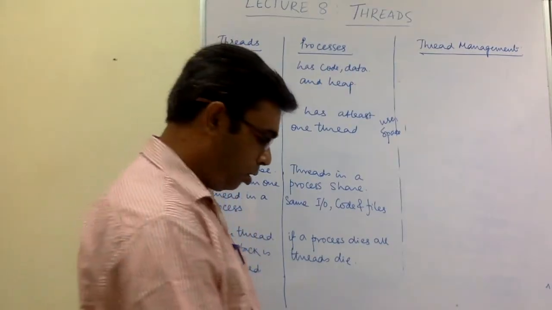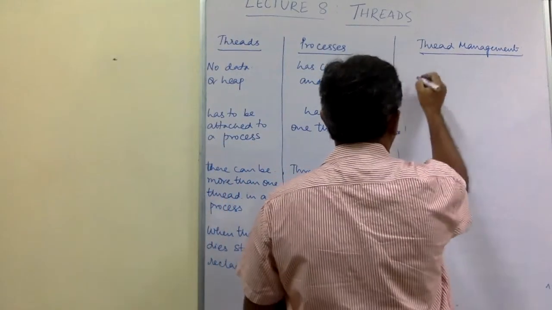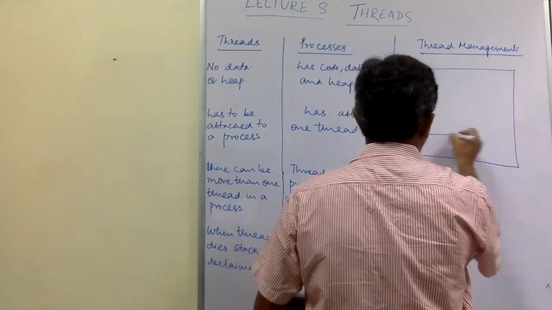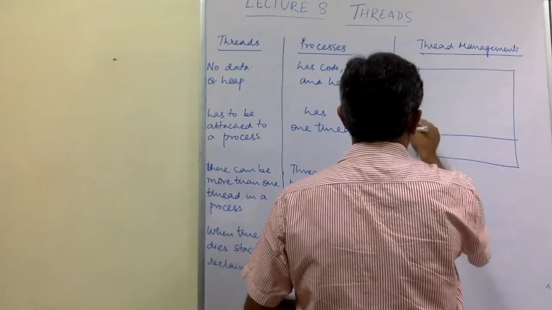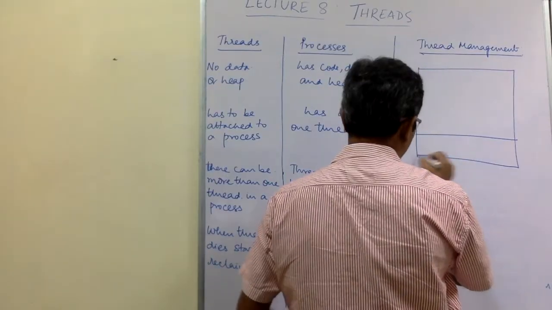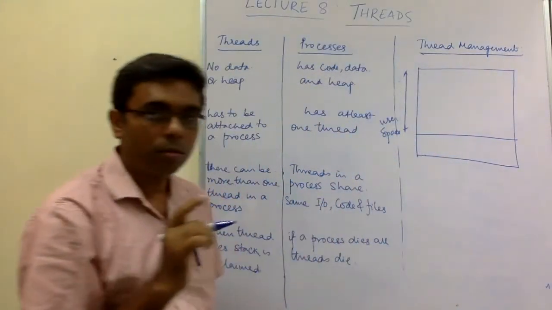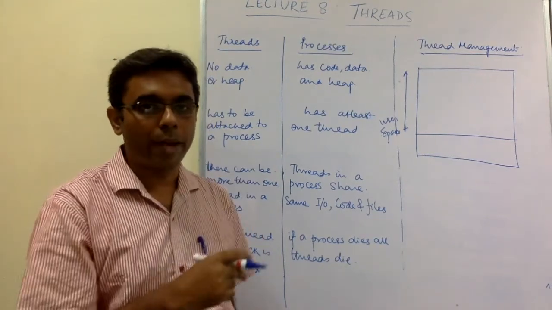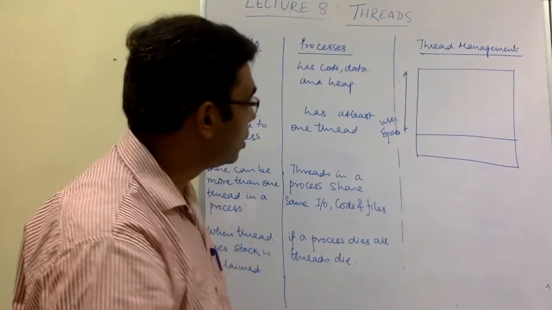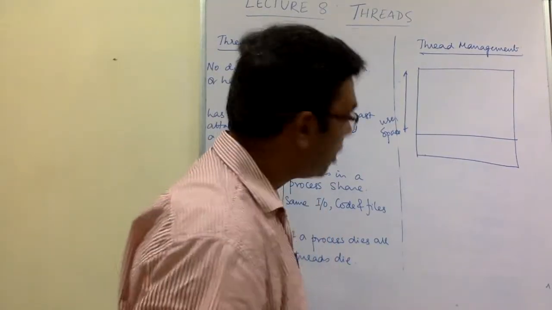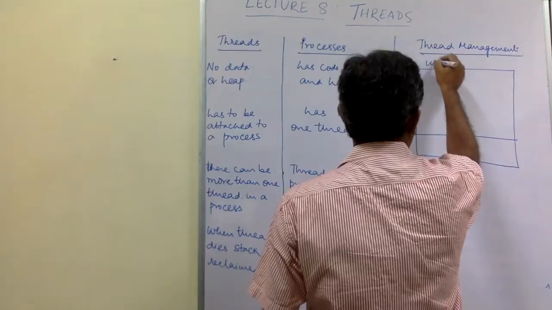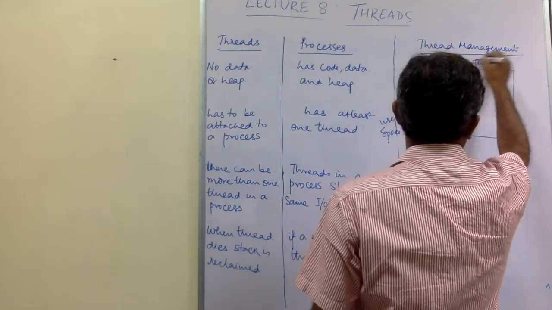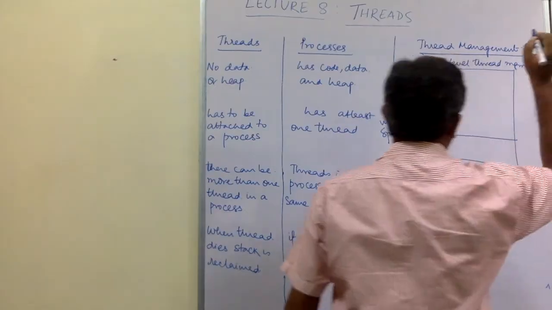Say this is your user space. Now, what I did not mention in the previous cases, let me complete the user level thread management first, and then we come to the kernel.